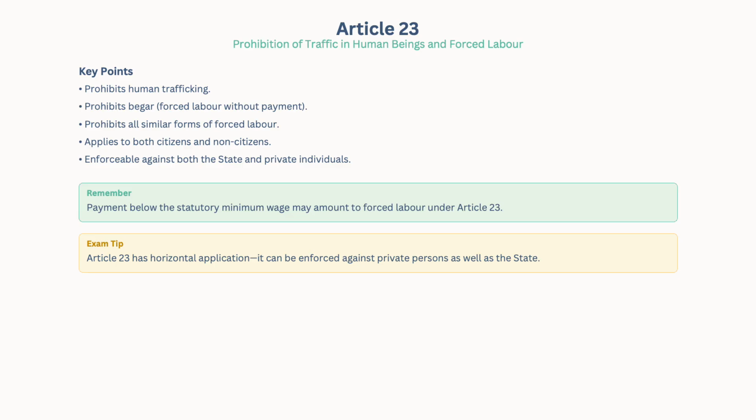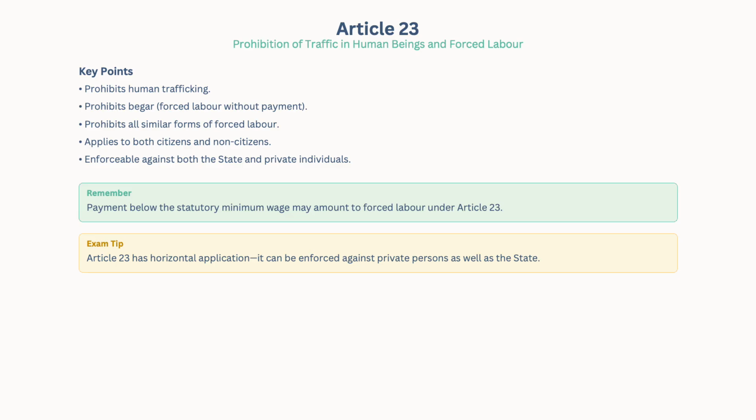So that's forced labor. So the Indian Constitution's fundamental rights prohibit forced labor. And it also prohibits trafficking in human beings. Human trafficking, you know that, right? Okay, it applies to citizens as well as non-citizens. It's enforceable against both the state and private individuals, meaning anyone who traffics human beings will be dealt with by the law.